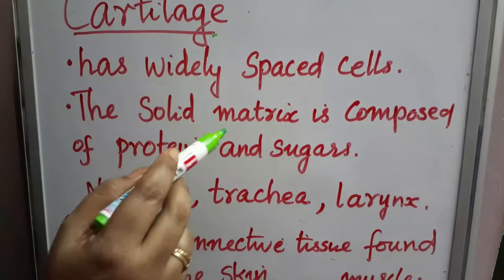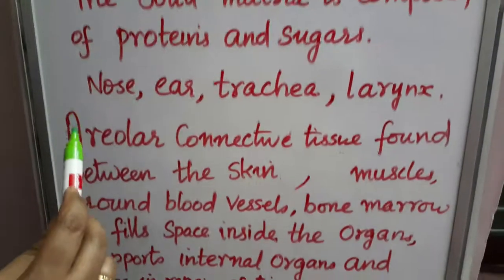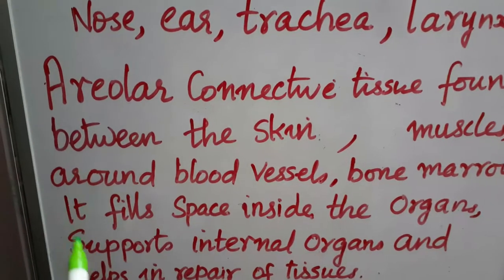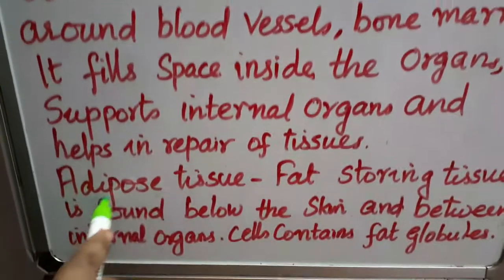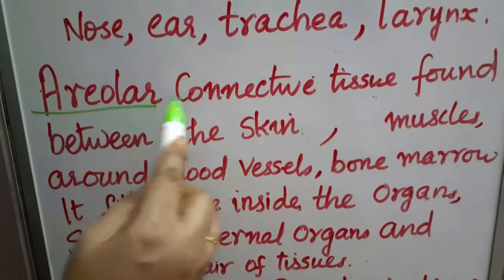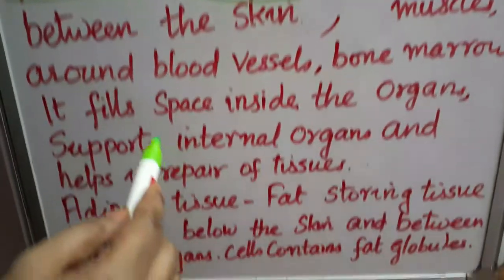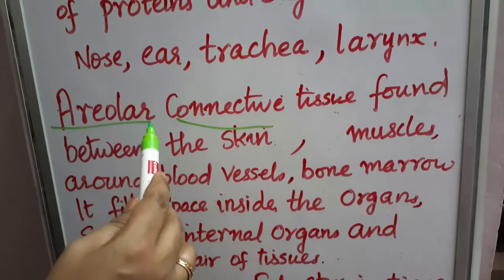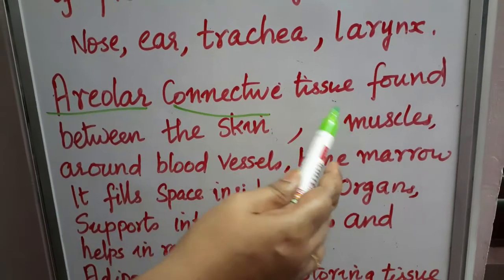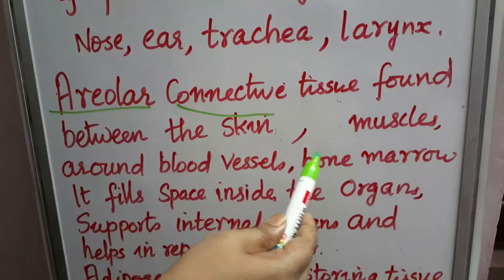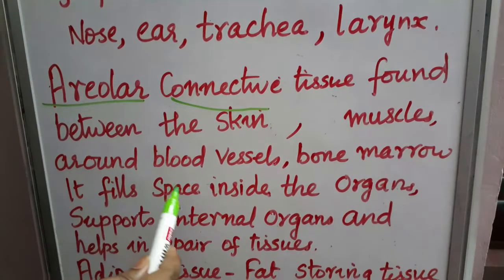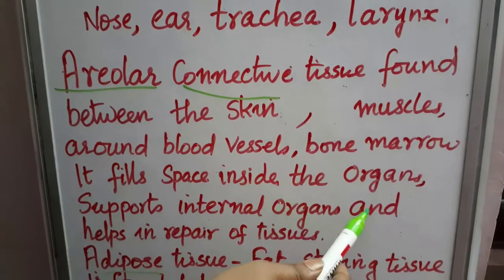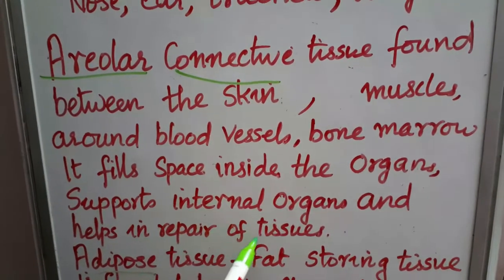Another two important connective tissues are areolar connective tissue, and one more, the adipose tissue. This areolar connective tissue we can see in between the skin and muscles, around the blood vessels, bone marrow, and it fills the space inside the organs, supports the internal organs and helps in repair of tissues.